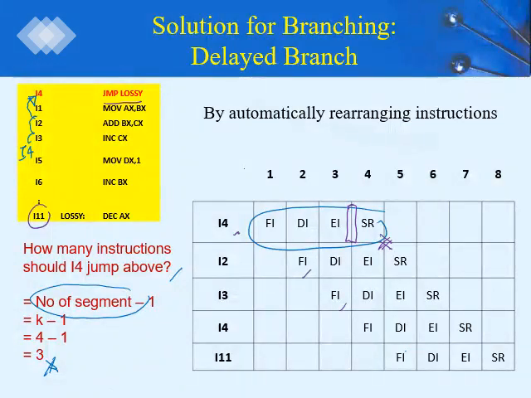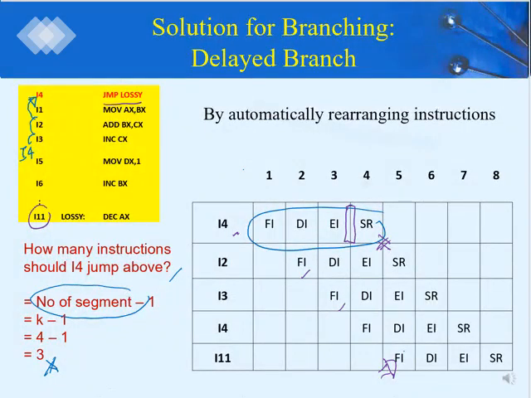Because I2, I3, I4 are all instructions before the original jump. So as soon as it finishes, I11 can automatically go into the pipeline. So no wasted instruction happens. So this solution is a good solution for control hazard.